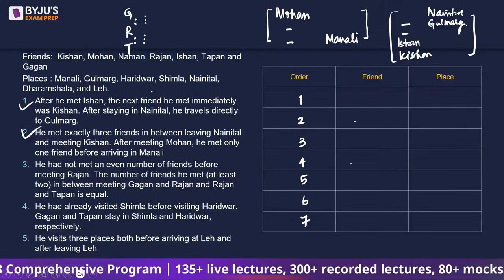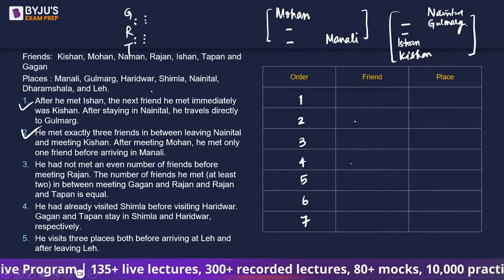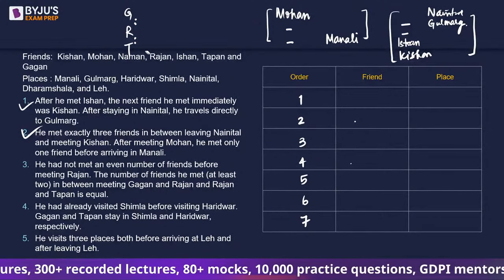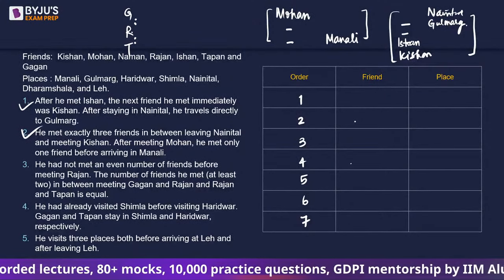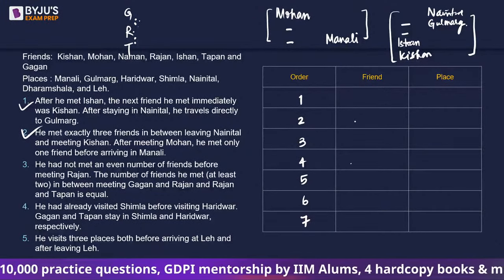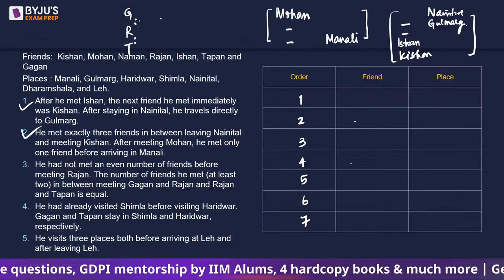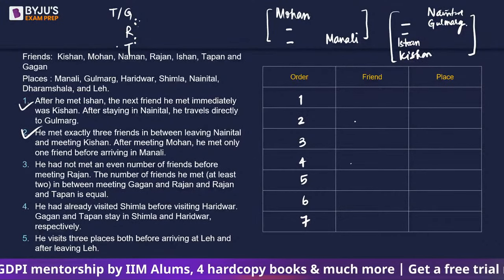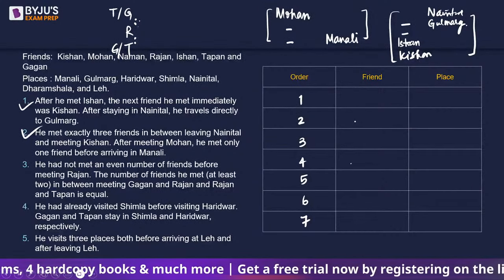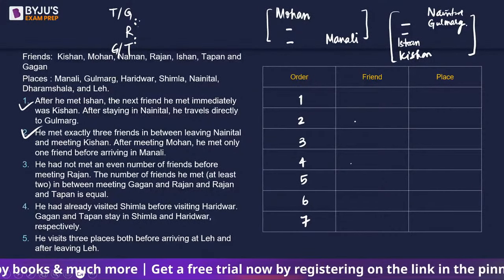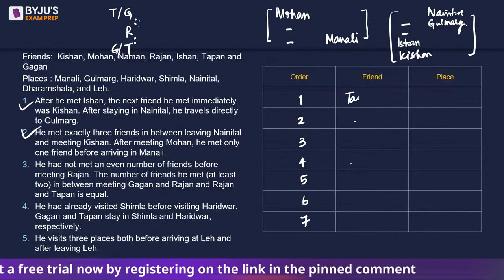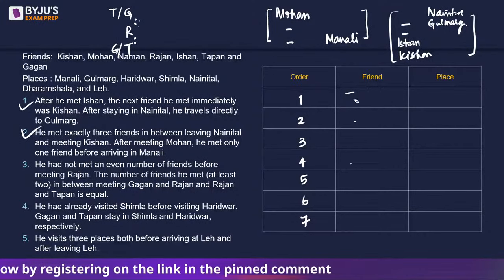Now if there are going to be 3-3, the number of friends he has met will be more. So from this statement, can we conclude that Gagan, 2 friends, Rajan, right? And then Rajan, 2 friends, Tapan, or maybe Tapan and Gagan can interchange, because it doesn't say the same sequence. Okay, this can interchange. So the thing that we come to know is that we can have Tapan here. Let me write it like this.